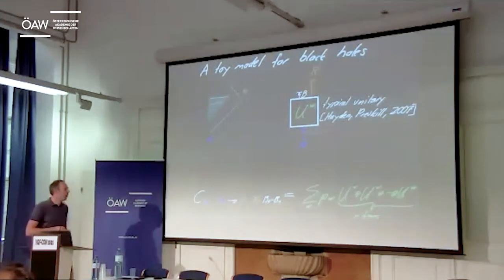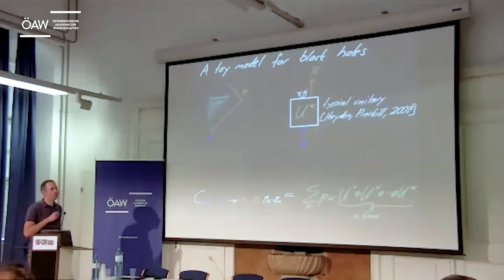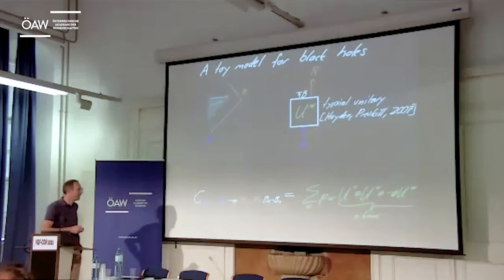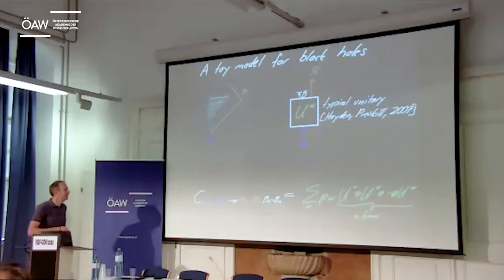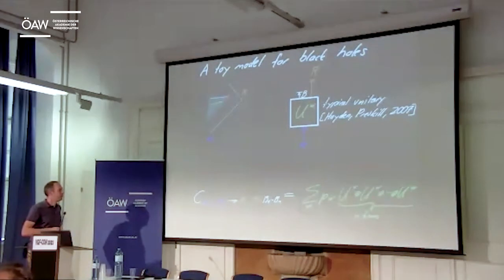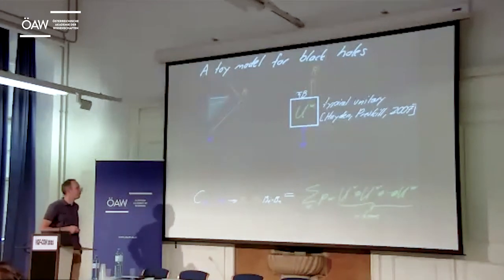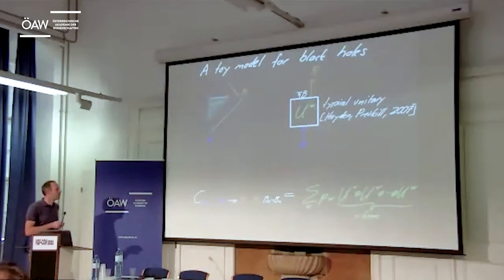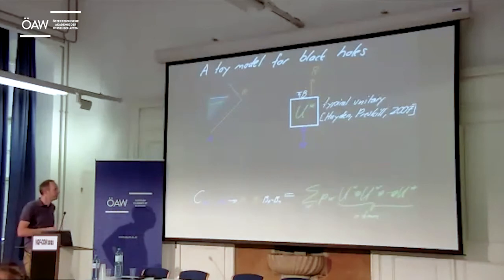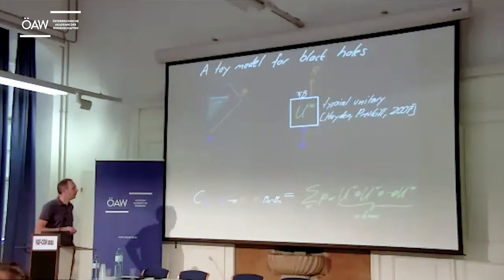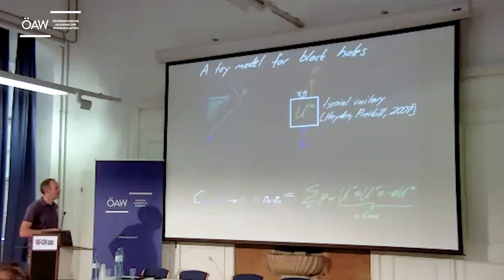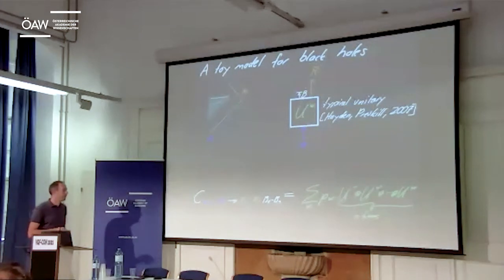A random unknown unitary on n black holes, and I assume still all black holes behave the same, I just don't know which one it is, would obey this description. I have a probability distribution and a summation over all possible values W, which describe the internal evolution, and then all the n black holes evolve according to the same unitary.